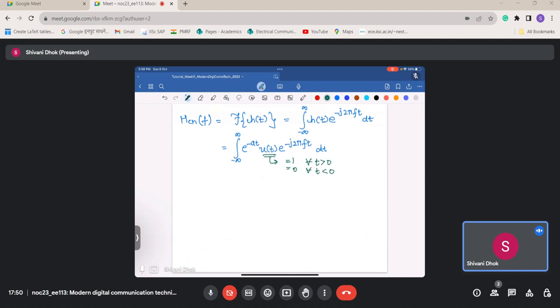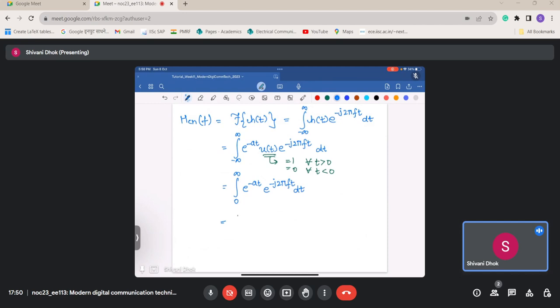So I can change the limits from 0 to infinity and drop this u(t) function. So this comes out to be the integral from 0 to infinity of e^(-at) e^(-j2πft) dt.